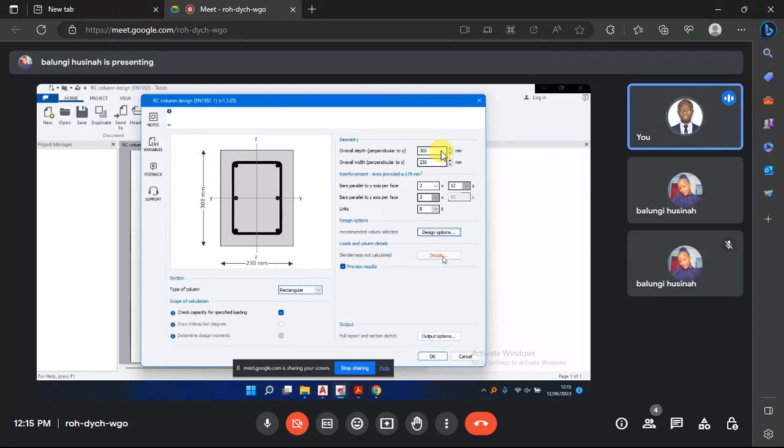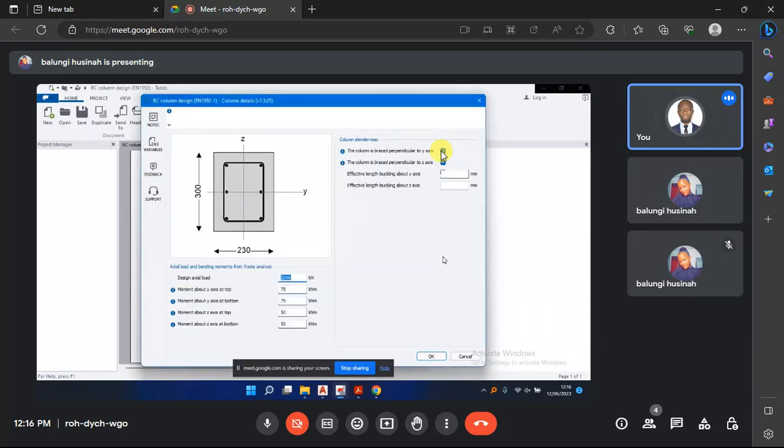Because you want your column to fail in crushing, and in most cases the crushing capacity is high, because you have concrete which is good in compression, reinforced with steel bars, so chances of it failing are very small. We design for slenderness when we are trying to economize and trying to have the minimum size of the column. So you see where you enter the design load, axial load.